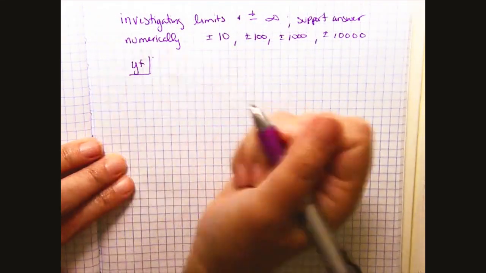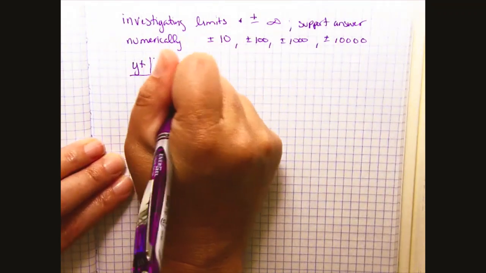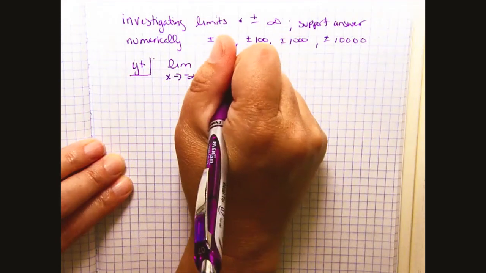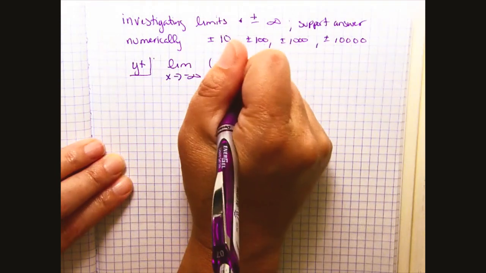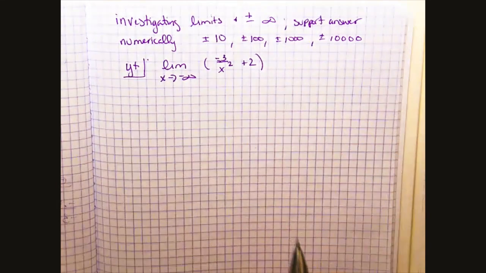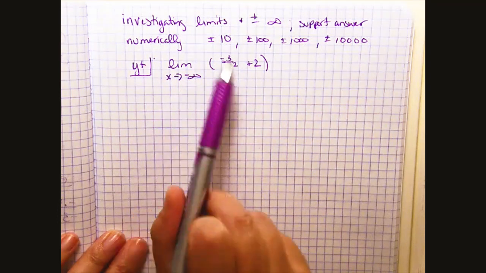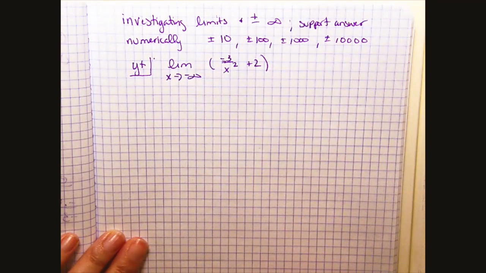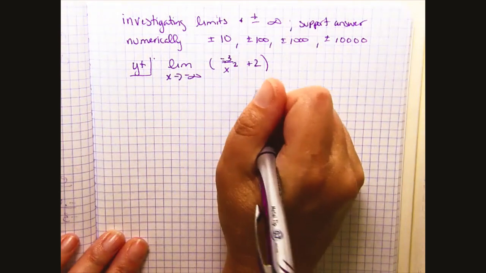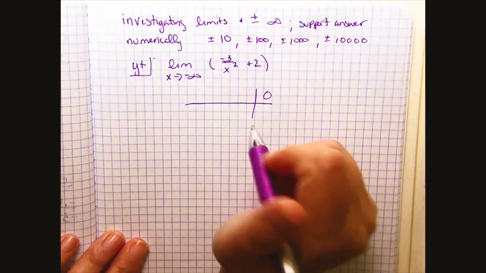But so here's a try. We want to look at the limit as x approaches negative infinity of -3 over x squared plus 2. So make a table. You're going to negative infinity, so you don't need the plus, you'll just need the minus. All right, hopefully you created your table. We don't care what 0 is.